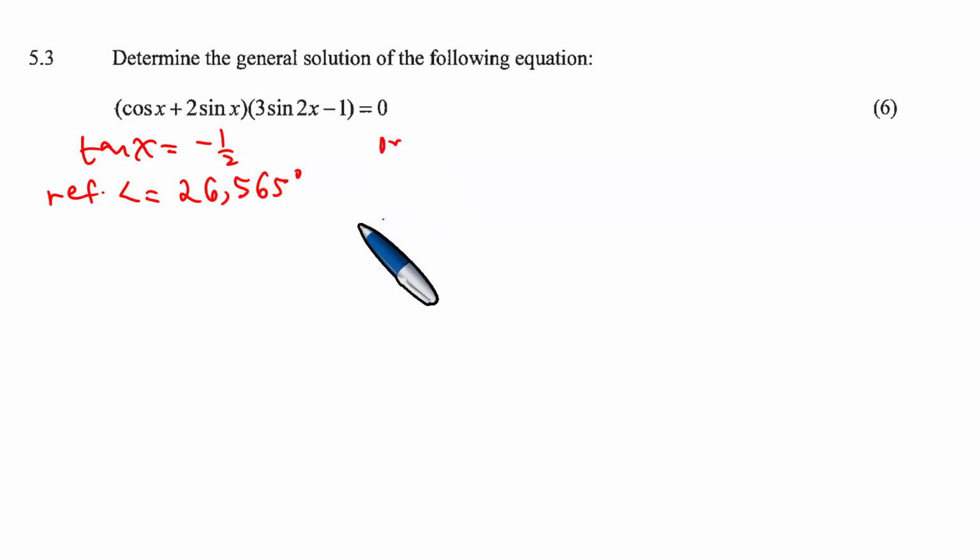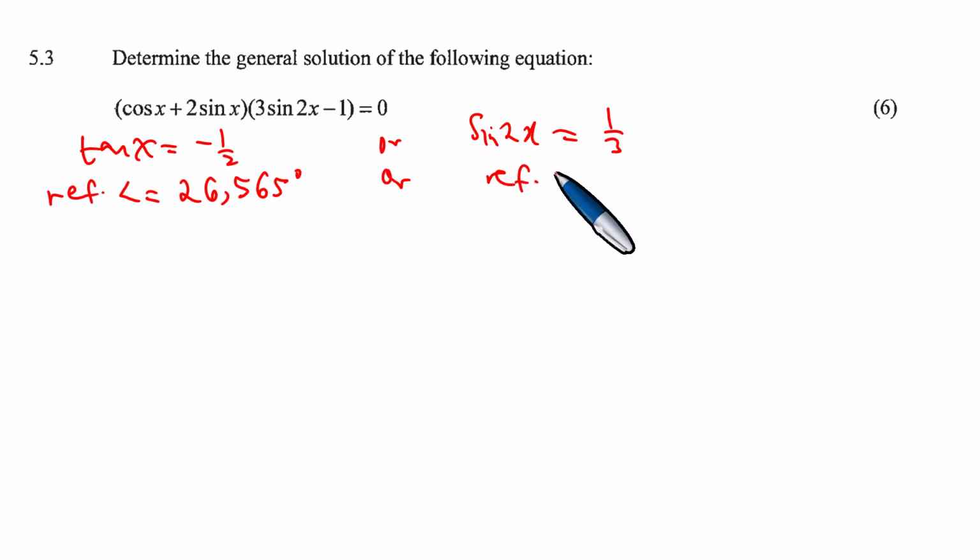Or we also get the sine of 2x equals 1/3, where the reference angle is 19,471 degrees.